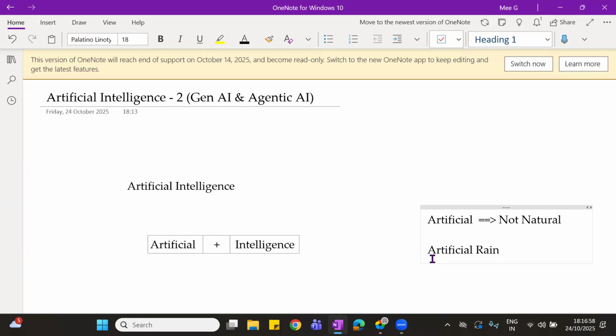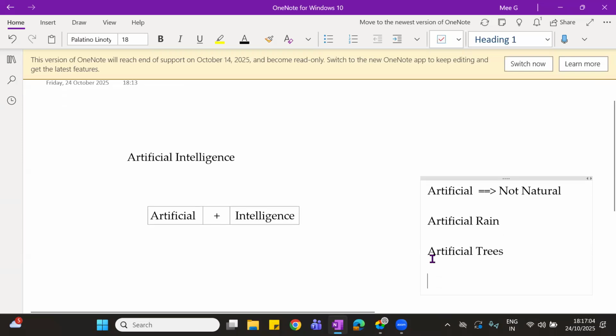And there are artificial trees and artificial flowers. So these are artificial versions of things which have a natural version. Natural rain is there, natural trees are there, natural flowers are there, and we as humans create an artificial version.